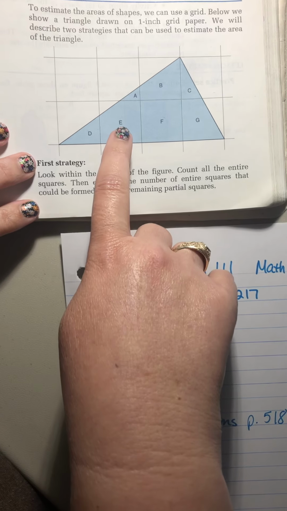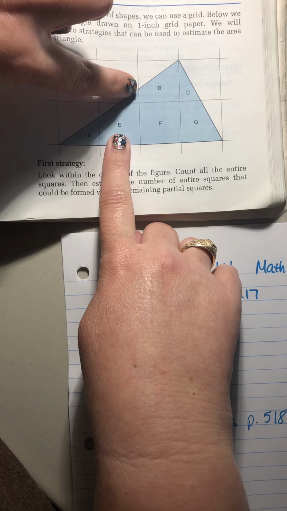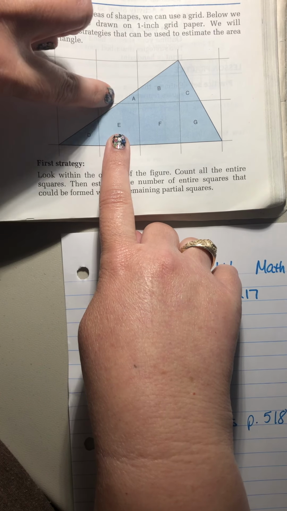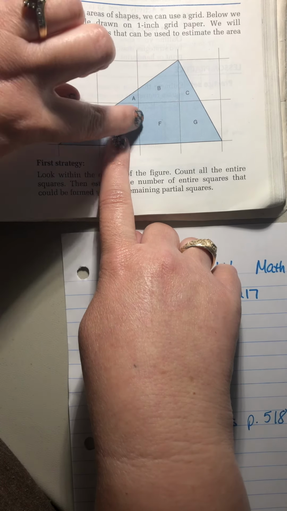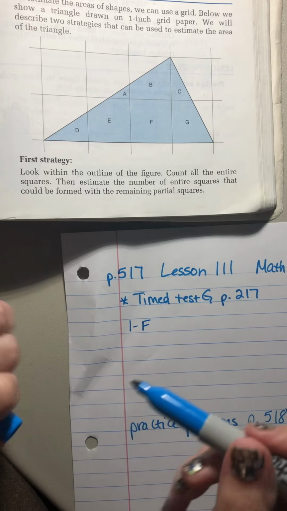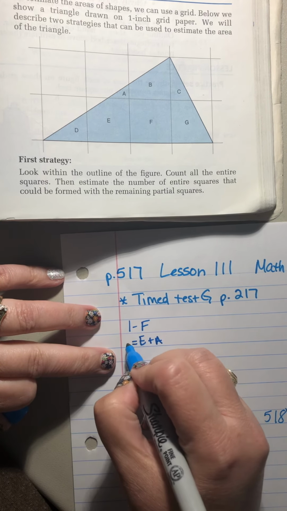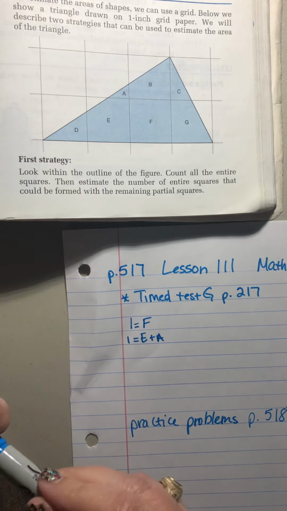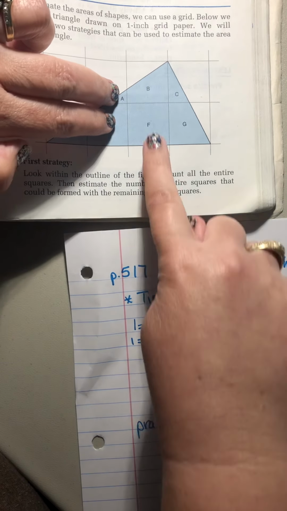If I look at E and A, if I take this piece of A and put it right here, E plus A could make another whole 1-inch square. So I'm going to write that down: E plus A looks like it's 1. Now I've done E, A, and F.